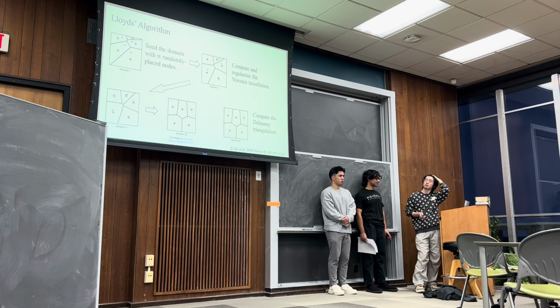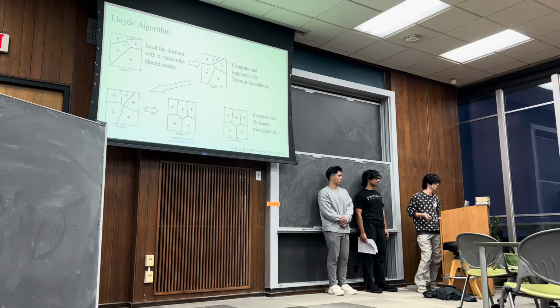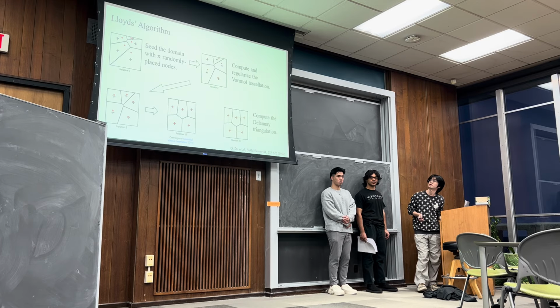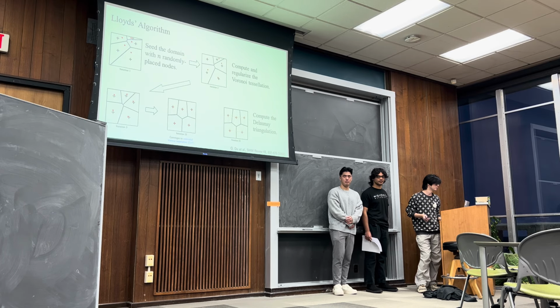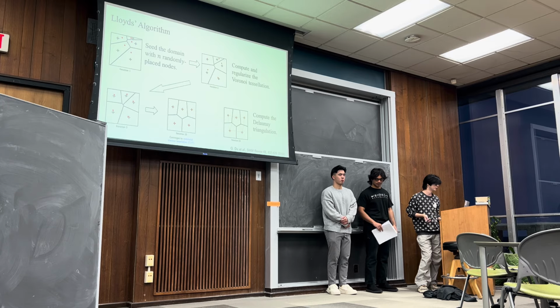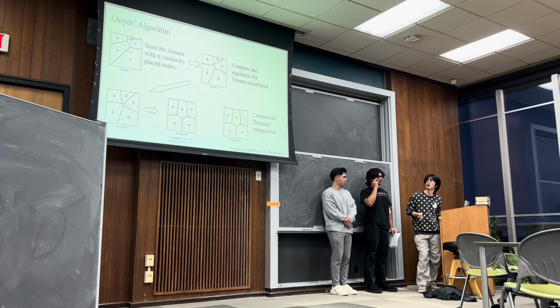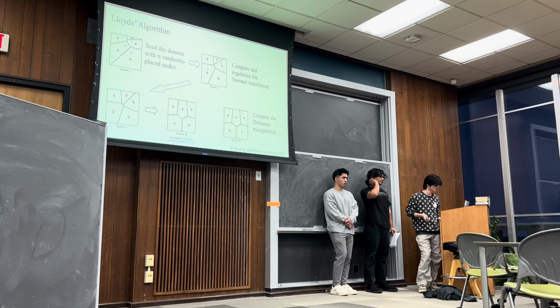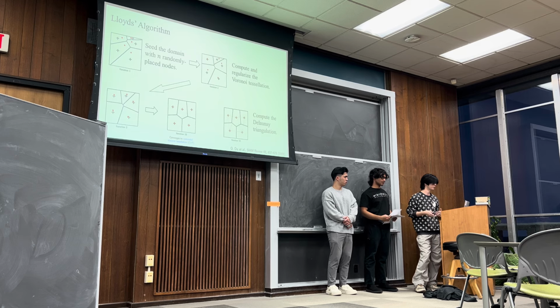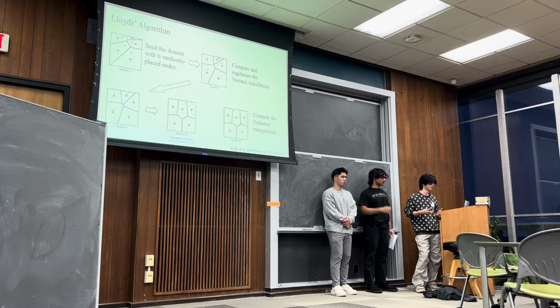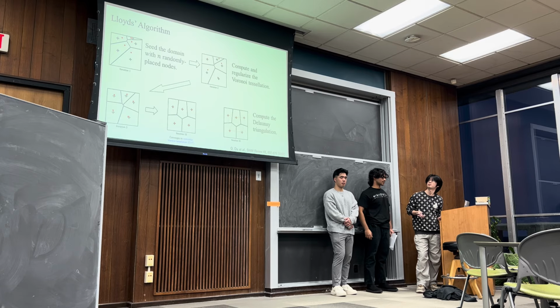People familiar with data science may be familiar with this algorithm. We first seed the domain with n randomly placed nodes. So we introduce randomness here, as we discussed above, to capture the different meshes, and we compute and regularize the tessellation.